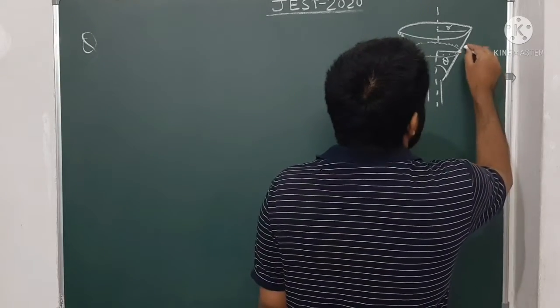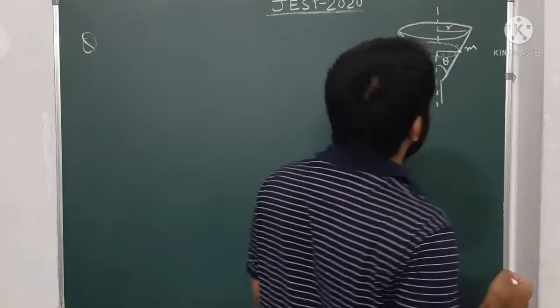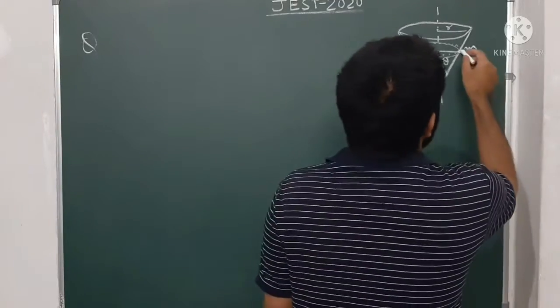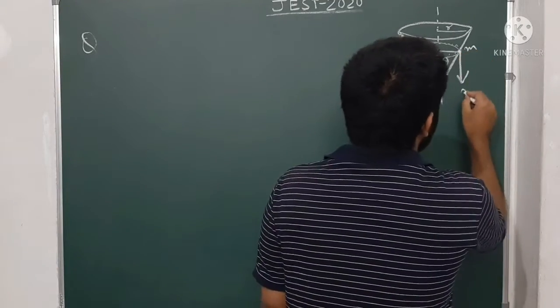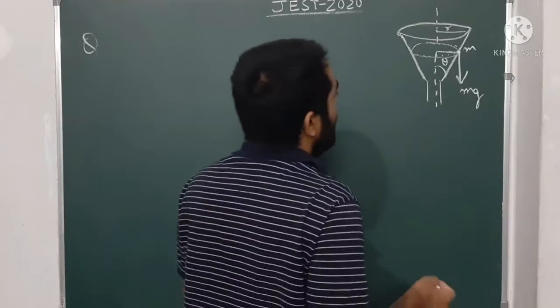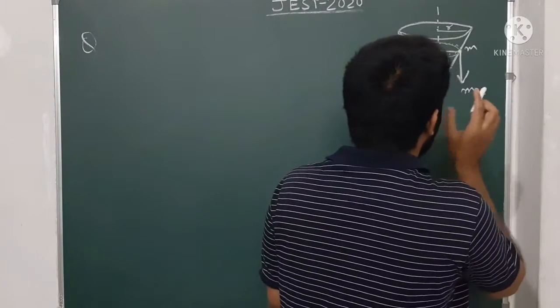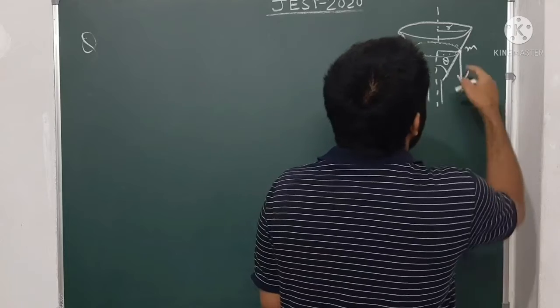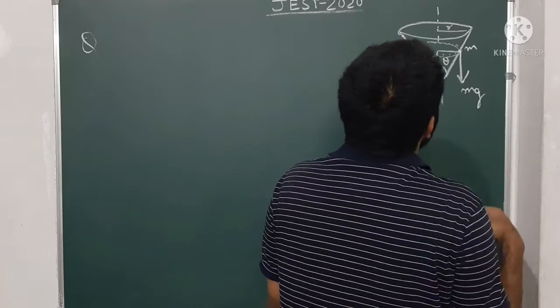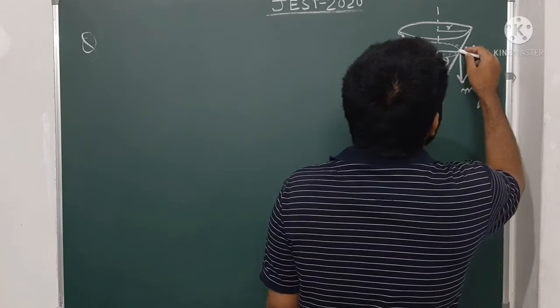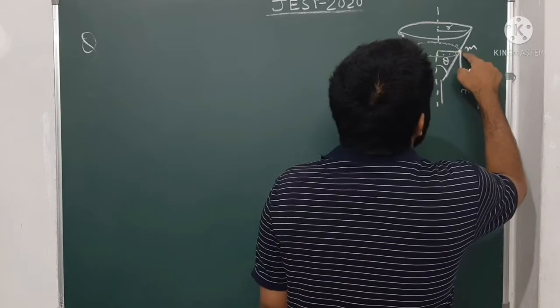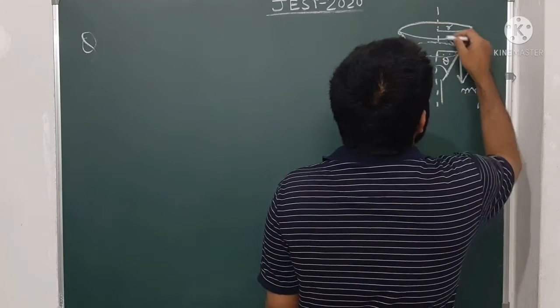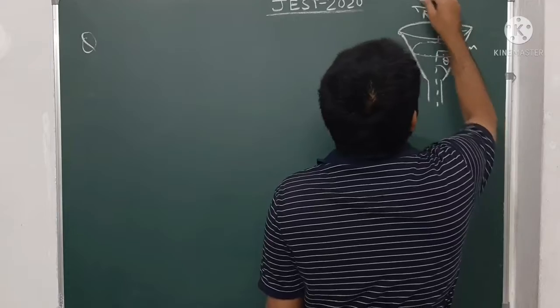So the mass of the particle is m. Due to gravity, the weight acts completely downwards, and the normal component is perpendicular to the surface, along that direction.